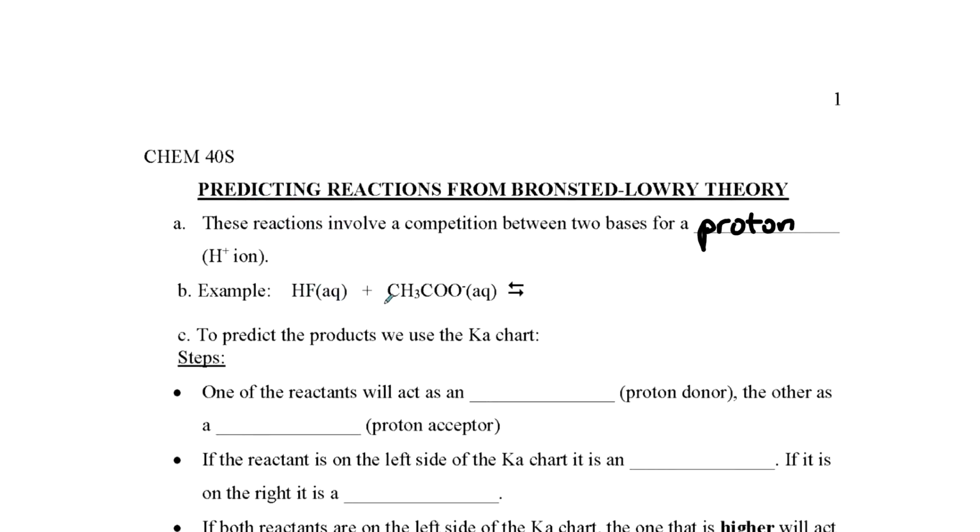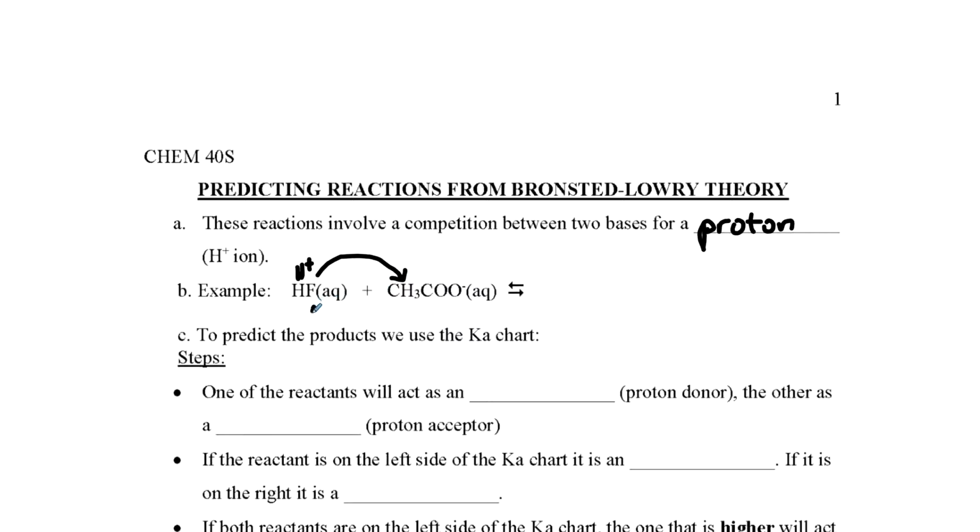Okay, so in this particular case, I'm just going to show that this is hydrofluoric acid. This would actually be the proton donor in this case, but we're going to look at it in a minute on the chart just to show how it works.